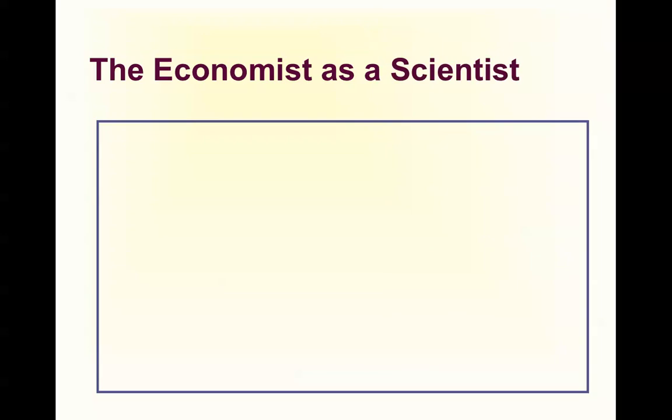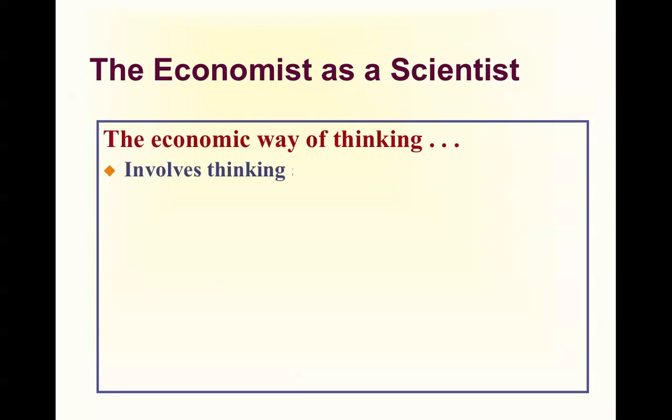Okay, economists as scientists. Our way of thinking about problems involves thinking analytically and objectively. Analytically meaning that we break down the problem into its component parts, and objectively trying, and I emphasize the word trying, not to put our own biases into the problem.